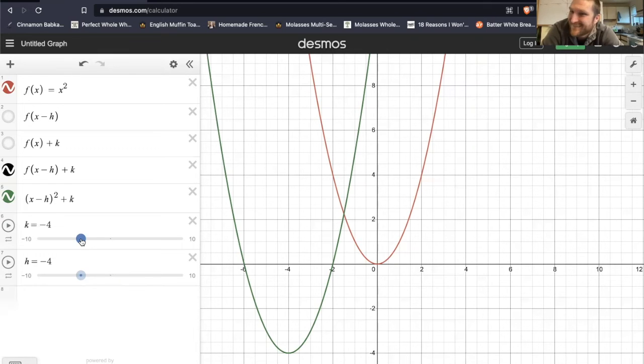Similarly, and this is where it all comes back together, does this form look familiar? This x minus h squared plus k looks very, very familiar. And so if we are given some kind of quadratic polynomial, we can change it around.